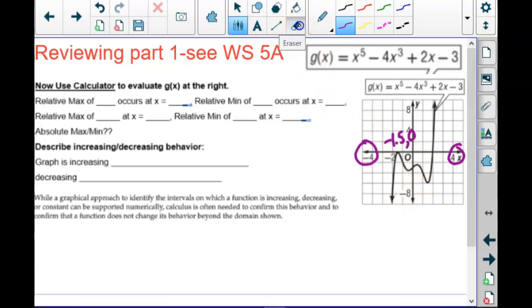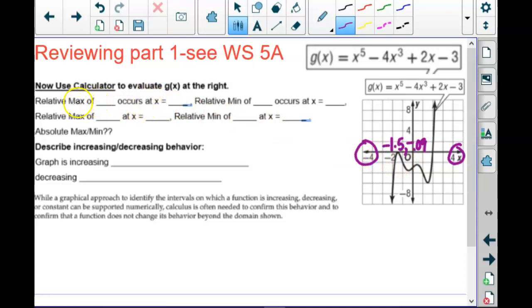Okay. One more time. Negative 1 point and negative 0.09. Okay. So is that a max or a min? It's a max, right? Is that what you use to find it? Okay.